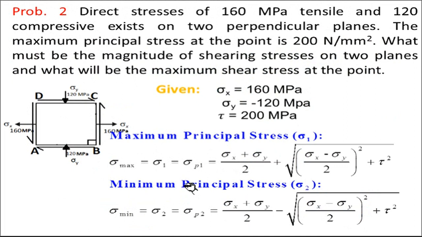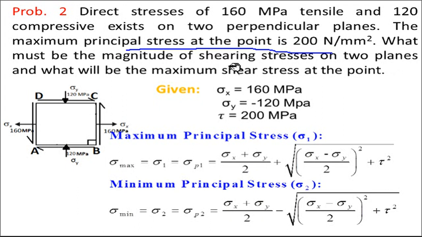See problem 2. Here direct stresses of 160 MPa tensile and 120 MPa compressive exist on two perpendicular planes. The maximum principal stress at a point is 200 MPa. So the maximum principal stress is given here, that is 200 Newton per mm square.